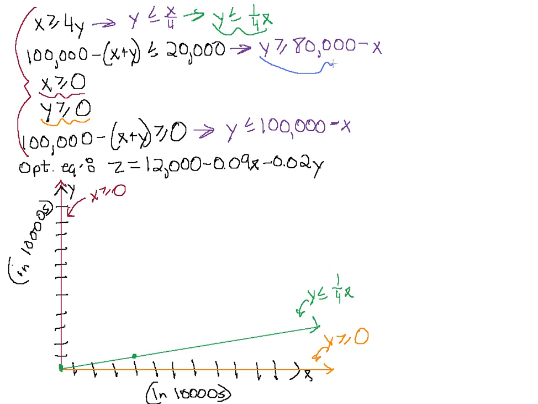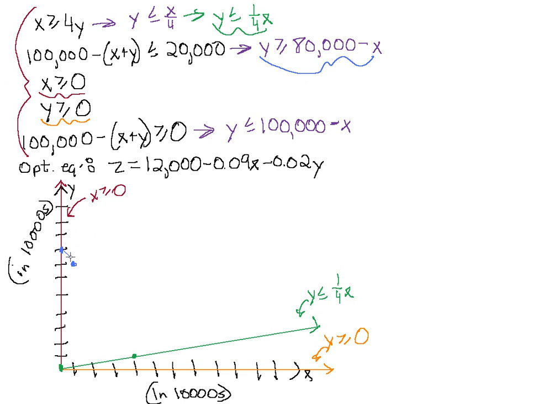We have y is greater than or equal to 80,000 minus x. Well, when x is equal to 0, y is equal to 80,000. Since these are in 10,000s, we can just move up 8 steps: 1, 2, 3, 4, 5, 6, 7, 8. So it's going to start right here. It has a slope of minus 1, so it's going to drop down 1 and go over 1.